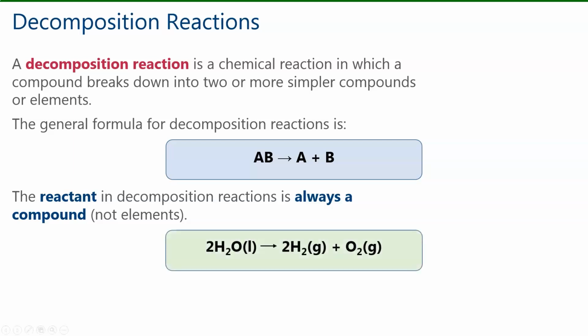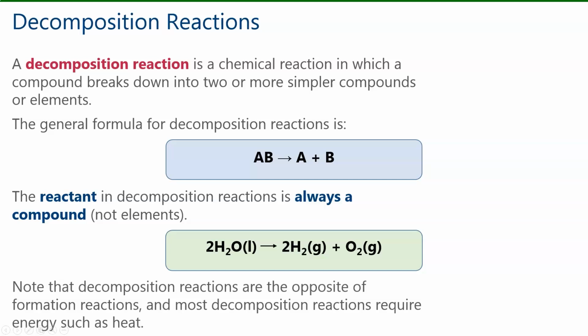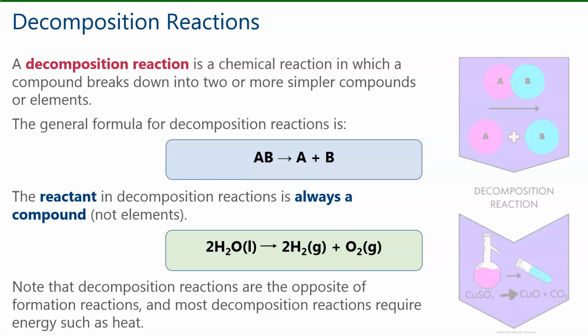Here's an example of a decomposition reaction. We have water breaking down into hydrogen gas and oxygen gas. Note that decomposition reactions are the opposite of formation reactions, and most decomposition reactions require energy, such as heat.